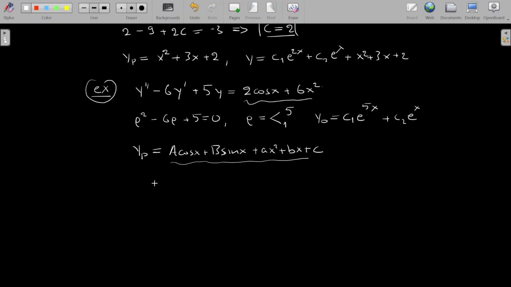differential equation, what you will get as a solution is 1/13 of (2cos x - 3 sin x) plus 6/5 x² plus 72/25 x plus 372/125.